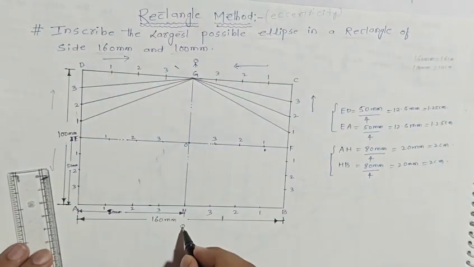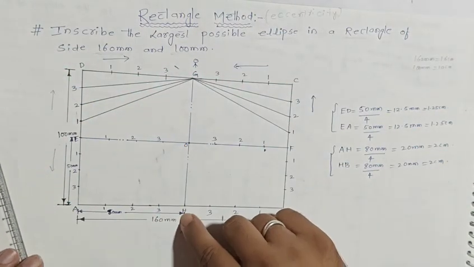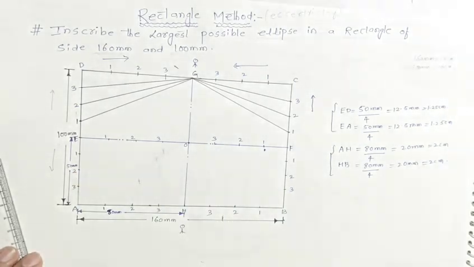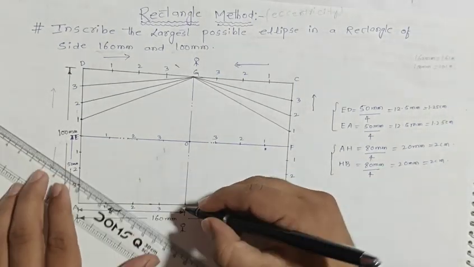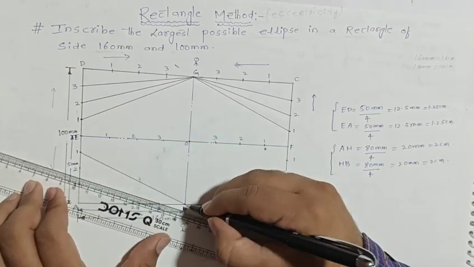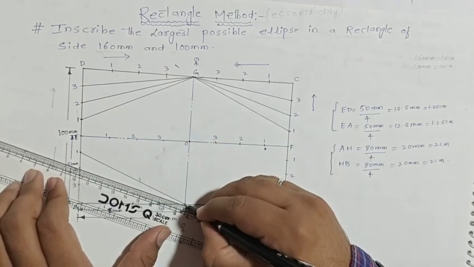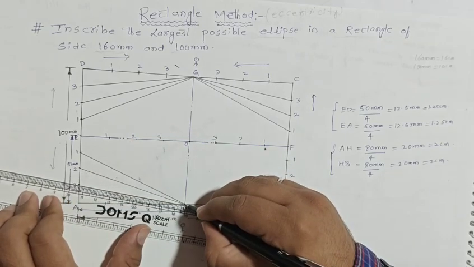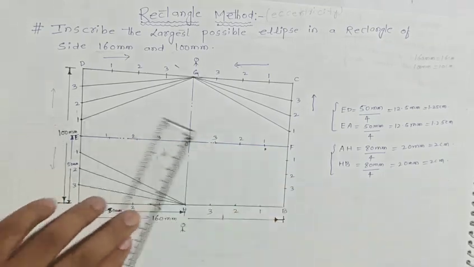Another observer, they observe from H21, H22, H23, we need to join the points. Similarly, towards the right hand side, H21, H22, H23.